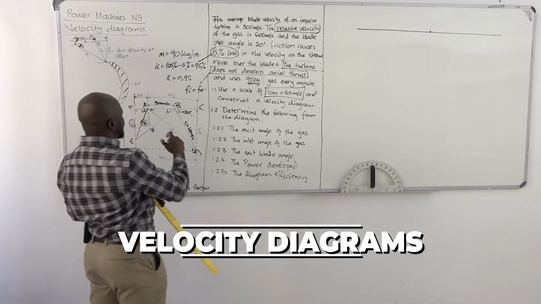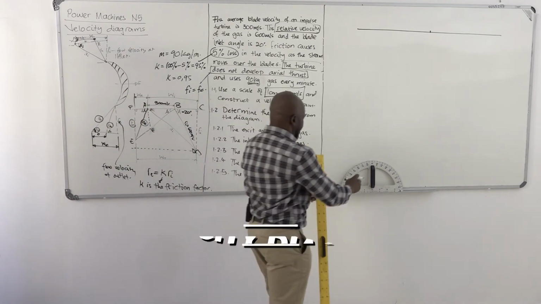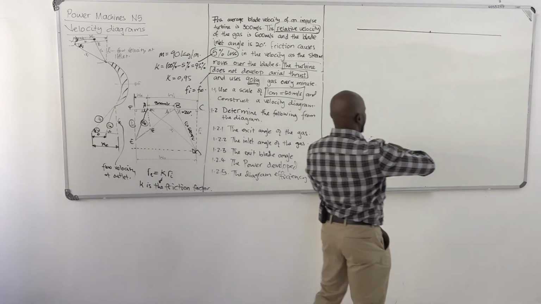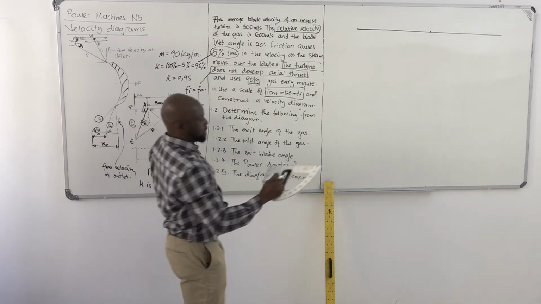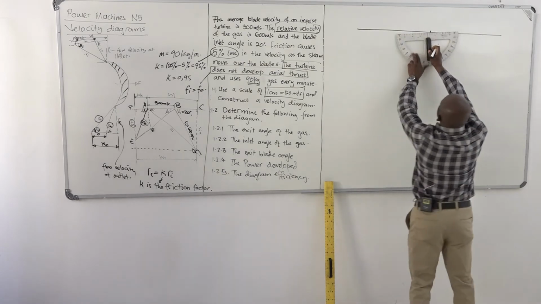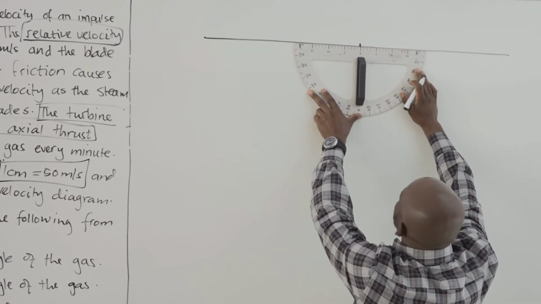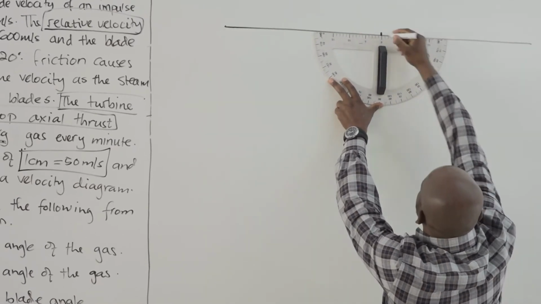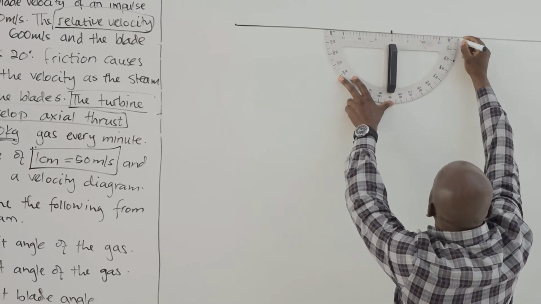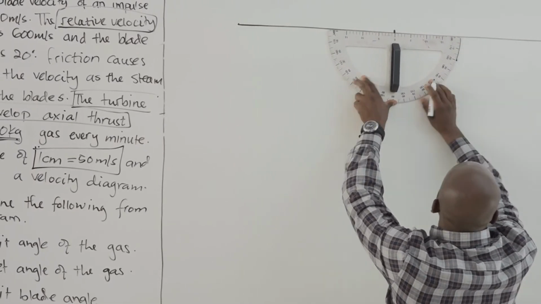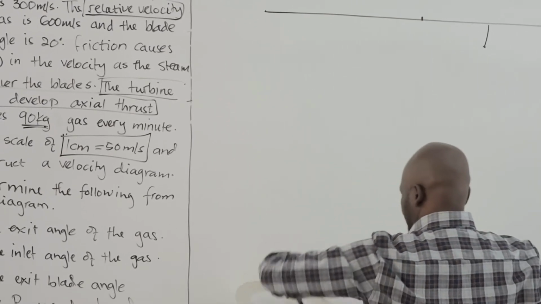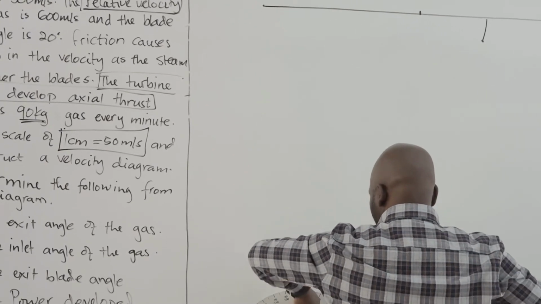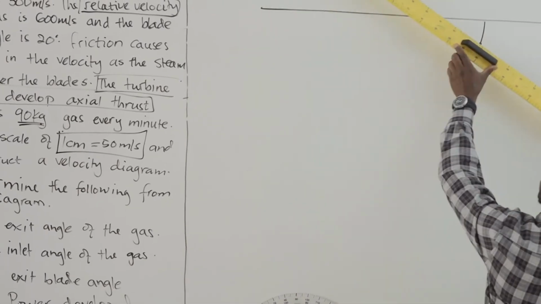So what it simply means is we are going to measure 20 degrees anti-clockwise at B, which is this 20 degrees. I'll put my protractor like this, then mark my 20 degrees, and draw a line passing through that 20 degrees.